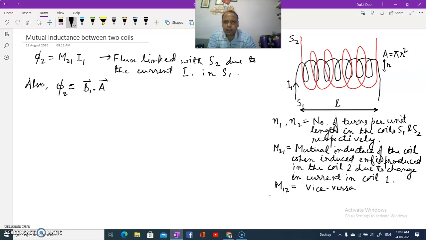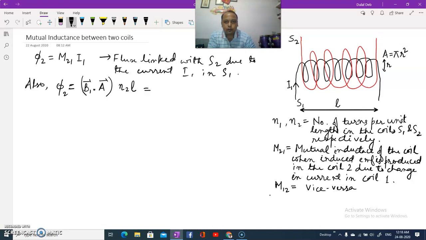So this B1 dot A will give the magnetic flux linked with one turn of the coil S2. N2 is the number of turns per unit length of the coil S2, and the length is L, so the total number of turns will be N2 into L. So this will be the flux linked with coil 2.